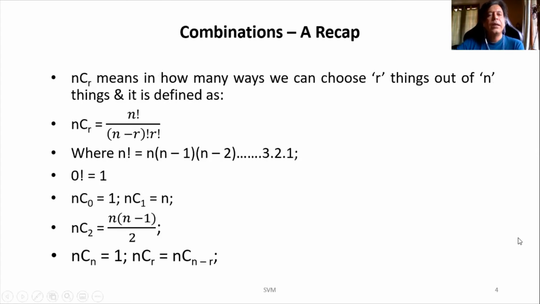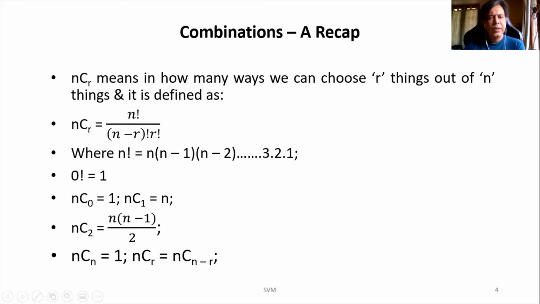I said already that we will be using combinations also in some of the problems of probability. So let us go back and refresh ourselves on what exactly nCr means. It means in how many ways we can choose r things out of n things.